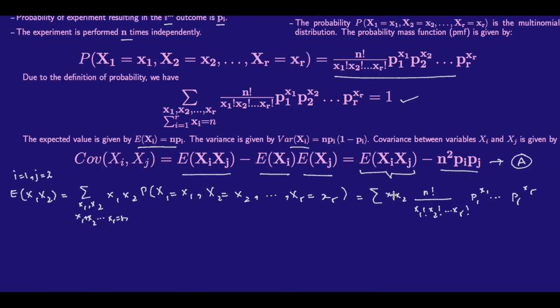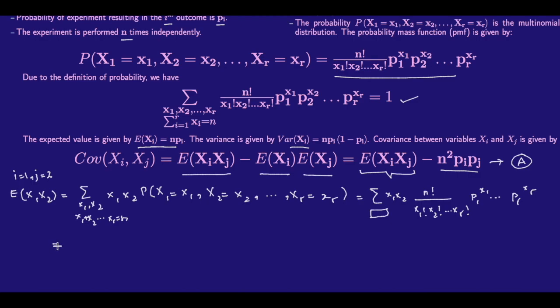Now this is again the same story as before. The x1 can be simplified with the x1 factorial, and the x2 can be simplified with the x2 factorial. I will do some steps one at a time.